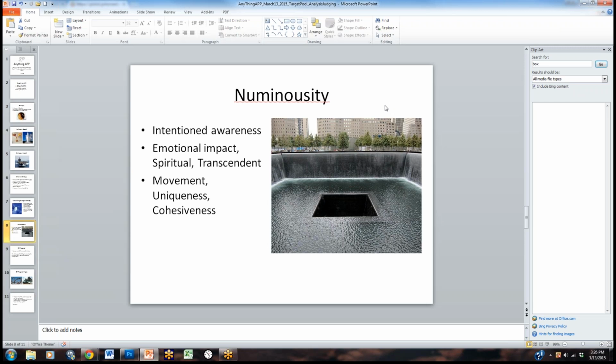This would be considered a numinous photo because it's not just a bunch of squares and water or a monument. It is a World Trade Center memorial, and for that reason, it will have a high degree of numinosity.